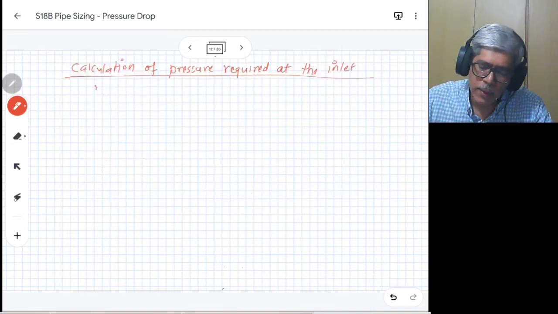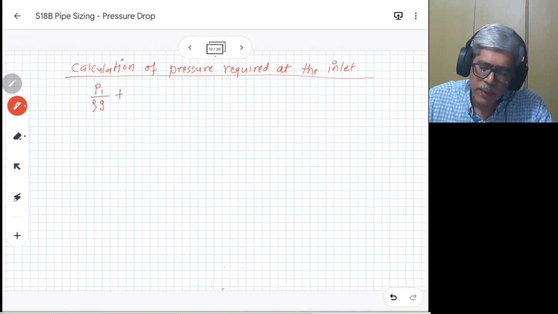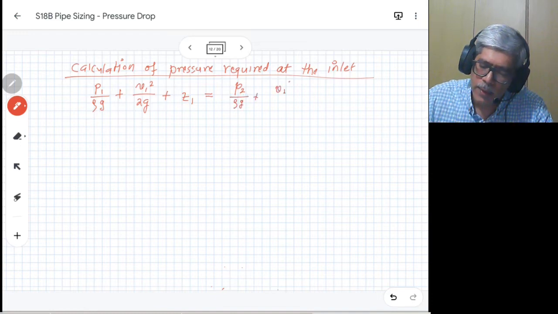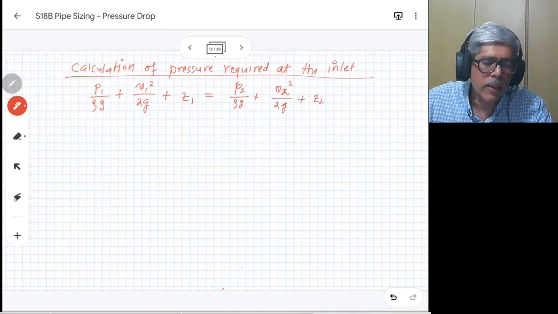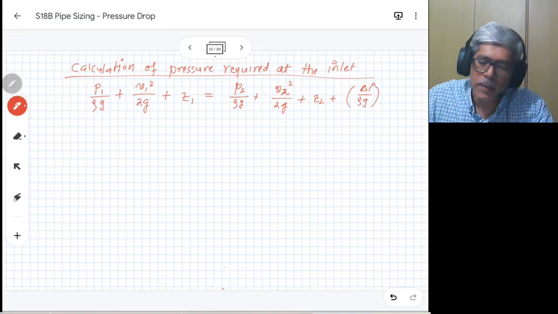Bernoulli's equation is P1 by rho g, that is at the inlet, plus V1 square by 2g, the velocity head at the inlet, plus the elevation at the inlet, equal to the pressure head at the outlet, velocity head, the elevation at the outlet, plus the total pressure drop head.